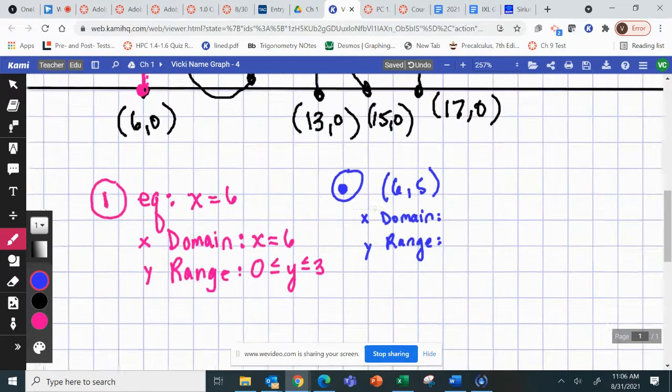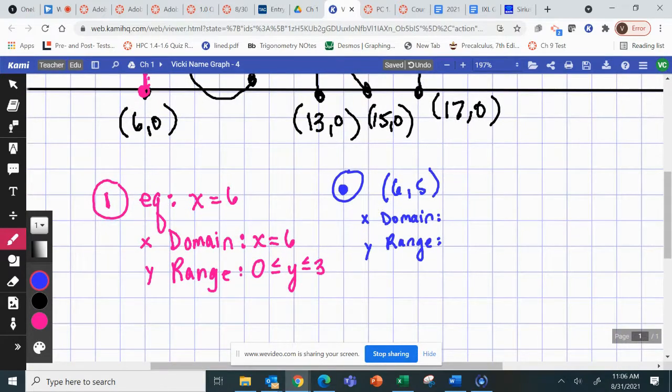So for the ordered pair, what x's do I use? In that ordered pair, 6, 5, what x's am I using? Just x equals 6, right? So that's my domain. What's the range for this one?